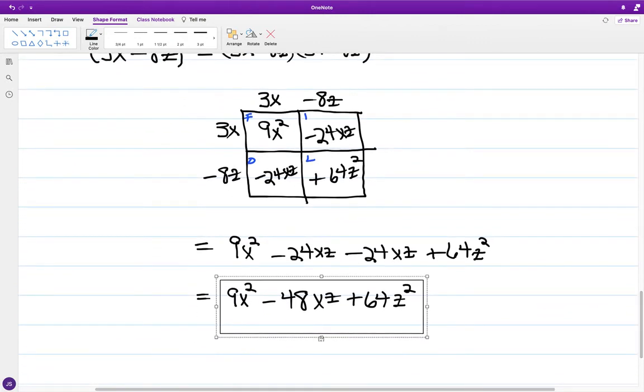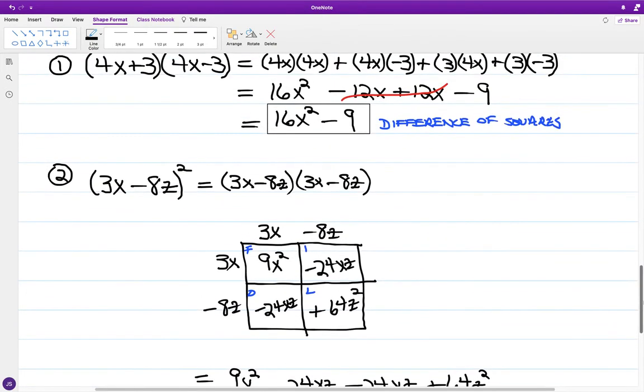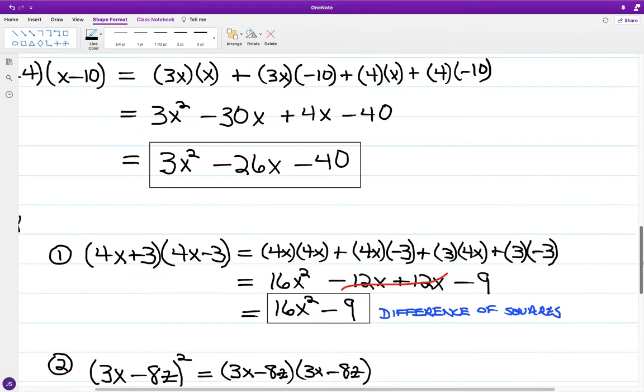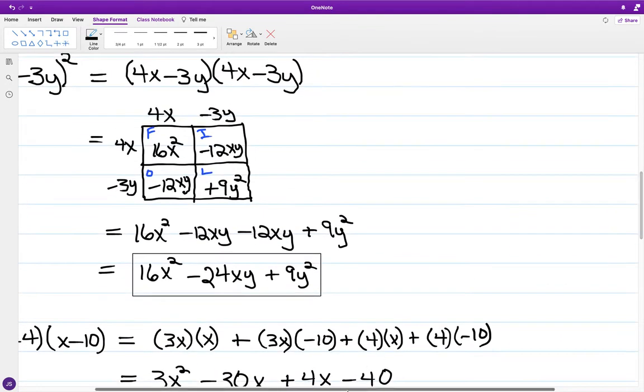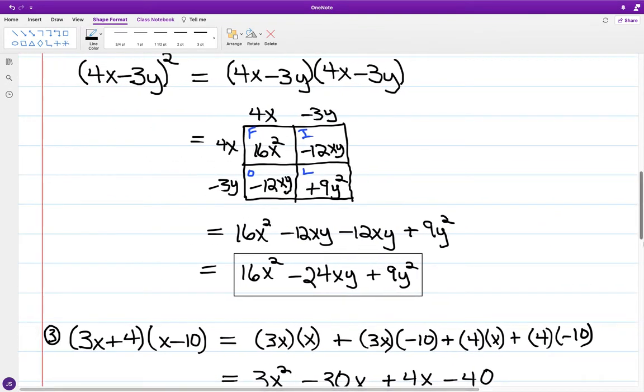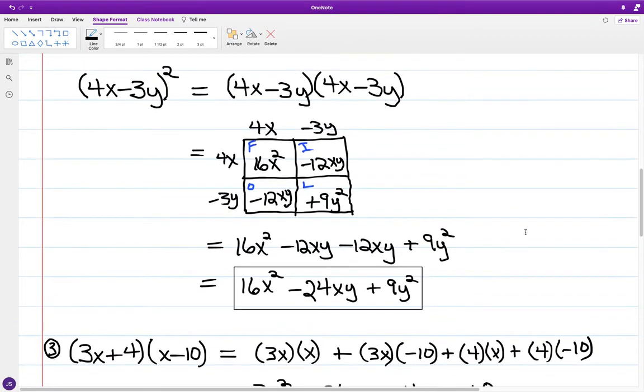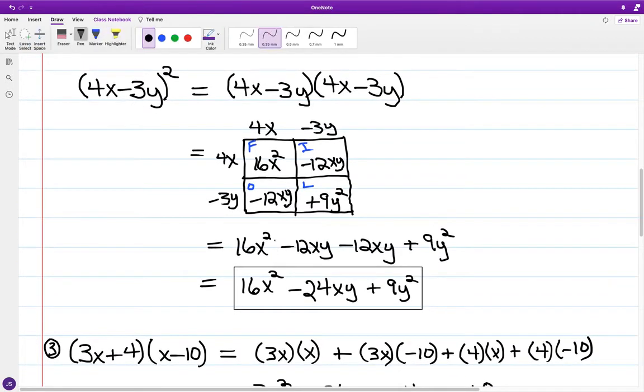And I'm just going to mention something here. I mentioned earlier a case where we had a difference of squares. And when we looked at the square of a binomial expression, anything that results from the square of a binomial expression and ends up as a trinomial, in reference to the exponent 2, is going to be what's referred to as a square trinomial.